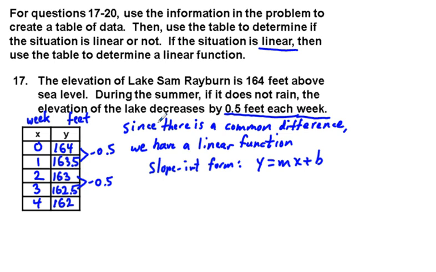Well, m is going to be how much this decreases. The level decreases every week, so it's going to be m equals negative 0.5. And our b, our y-intercept, is going to be 164 feet, because at x equals 0, we have 164.